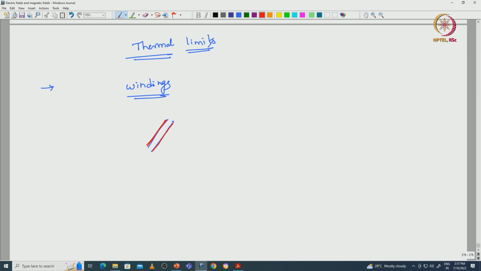This red line is the insulation. So, this insulating layer is directly in contact with the current carrying conductor. That means the insulation is directly heated by the losses happening in the conductor, and heat removal from the conductor is a challenging task.